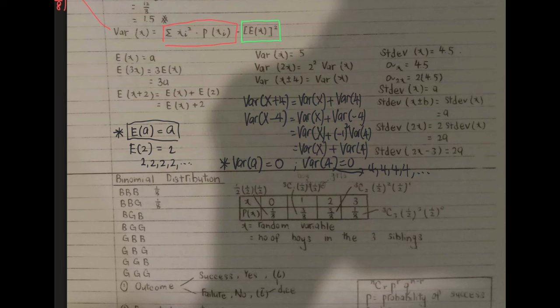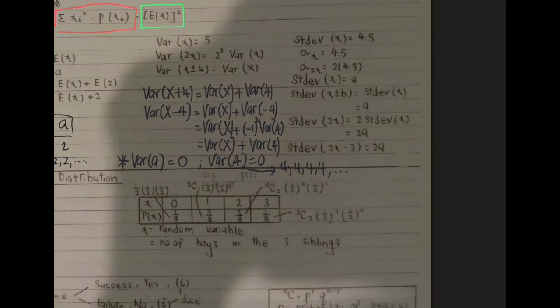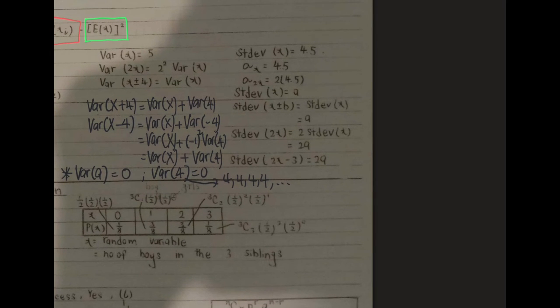Okay. Let's continue first. Standard deviation of x is 4.5. Sigma x is 4.5. This is the symbol to represent the standard deviation.